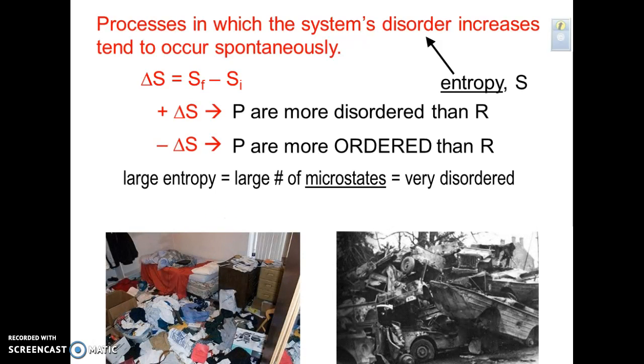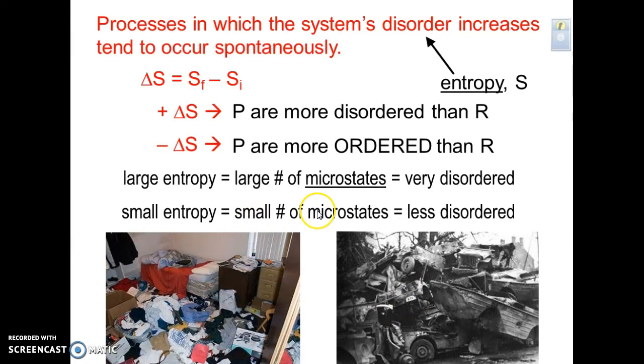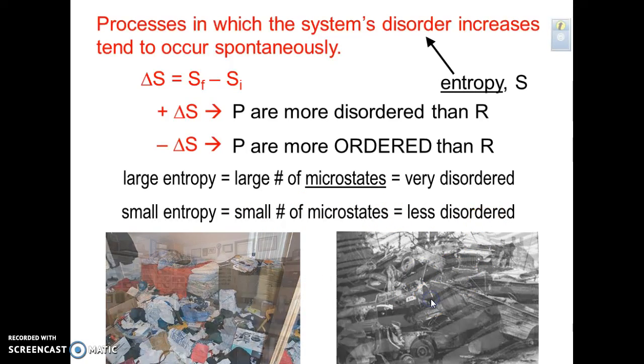Watch this picture, because I'm running out of time here. See my 2 pictures? You see the disordered room and the wrecked up cars? Those are very disordered. Small entropy, there'll be a small number of microstates, that'll be less disordered. Watch the room and watch the cars.